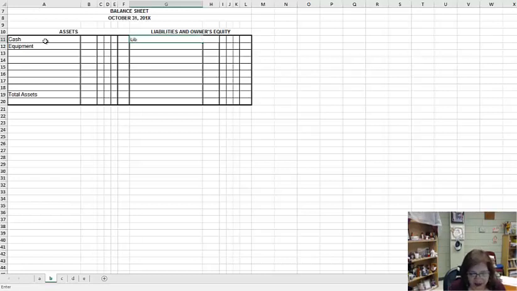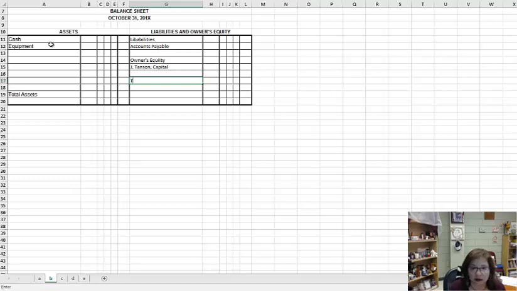If I can spell it right, liabilities, which is your accounts payable. And then you have your owner's equity, which is J. Tan Sun, Capital. Not making any of this up, it's on the other side.